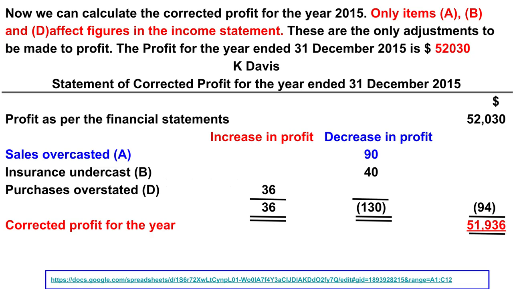In that way, you can also study the increase or decrease of the profit. Once again, if an income statement item is debited, whether it is expense or income, decrease the profit. If an income statement item is credited, increase the profit. In that way, we can easily identify, and we can make a correct profit.